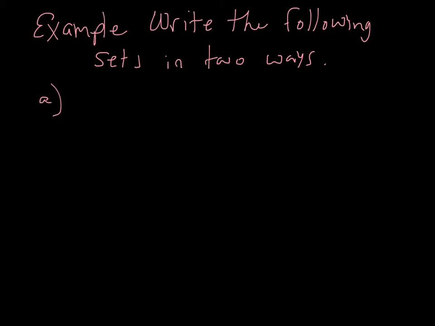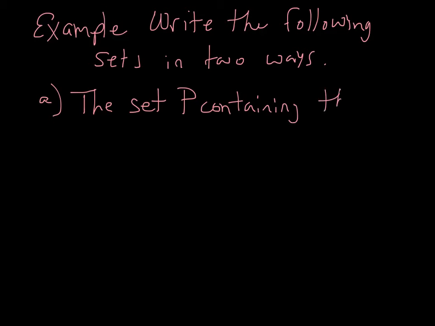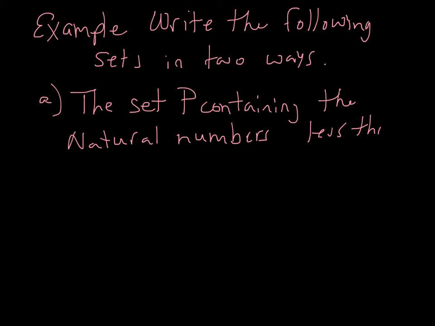So the first one will say the set P containing the natural numbers less than 5. So one way I could do that is I could say P, and I could list all the natural numbers that are less than 5.